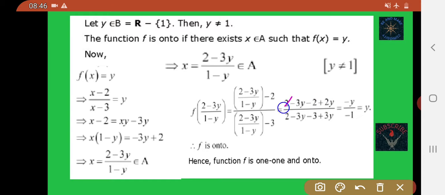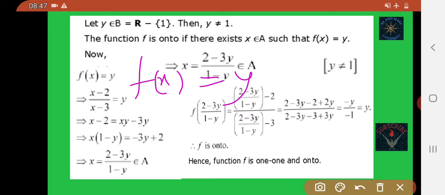Then 2 cancels, and minus 3y plus 2y is equal to minus y. Minus 3y plus 3y cancel, then 2 minus 3 is equal to minus 1, and minus minus cancel, you get y. So you got f of x is equal to y.